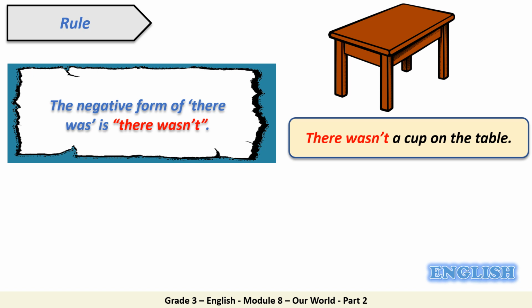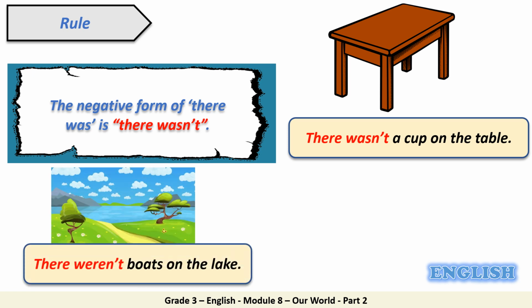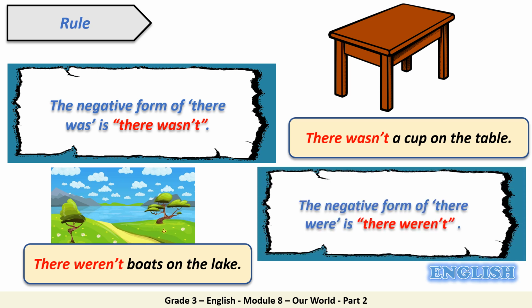Now, let's look at another example. There weren't boats on the lake. What can you tell me about there weren't? That's correct. The negative form of there were is there weren't. Great job, my darlings!